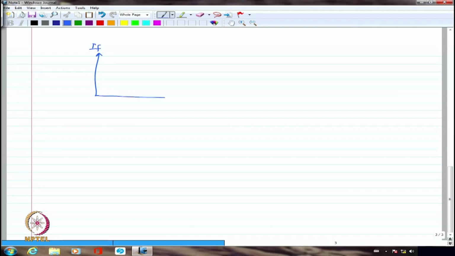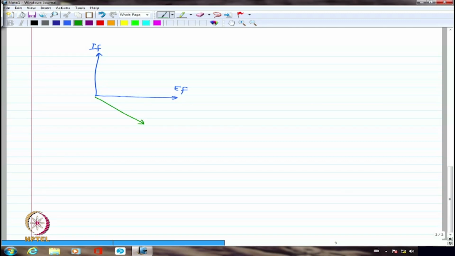Maybe the induced EMF in the armature is at 90 degrees. The current in the armature circuit will be almost in phase if I am talking about a resistive load. It may be lagging behind at some other angle if it is an inductive load.